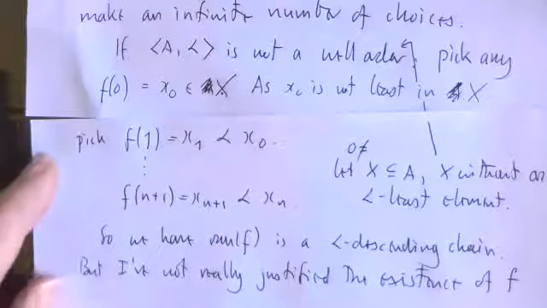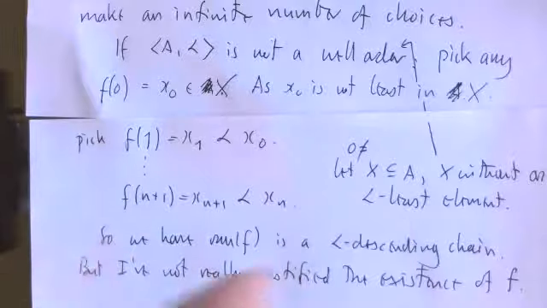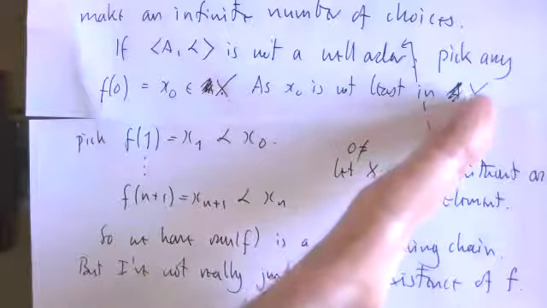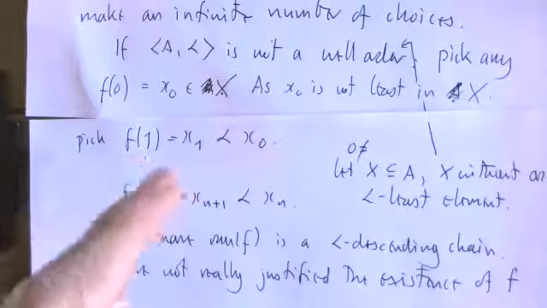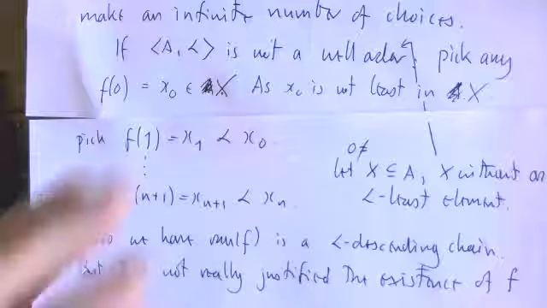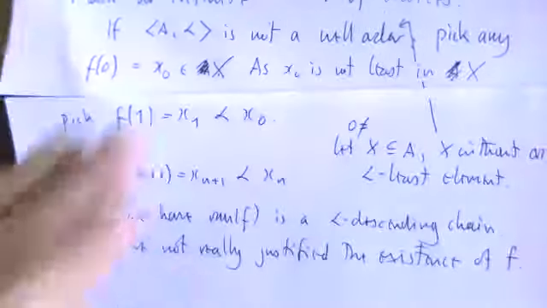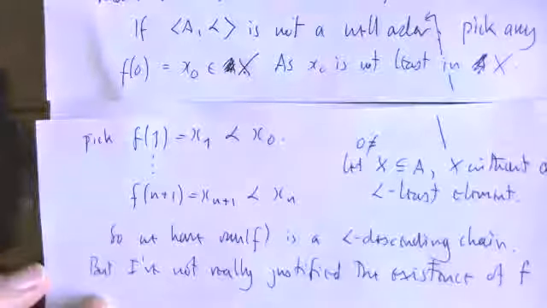If you think about this, there isn't a function that tells us what the next thing is. There's just this vague pick something. So there's no definite function that tells us how to go from x0 to x1. It just says pick something, and that's vague. And it turns out that vagueness is important. You have to assume the axiom of choice to allow yourself to define this function.